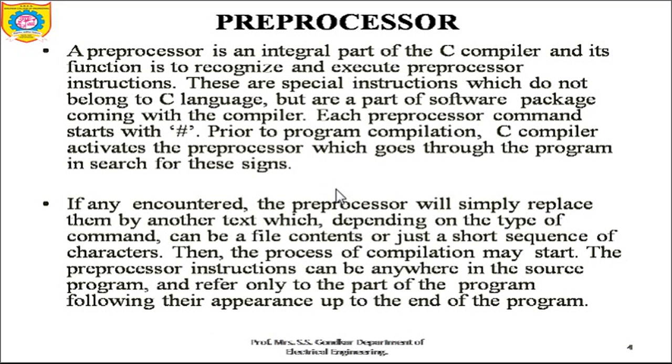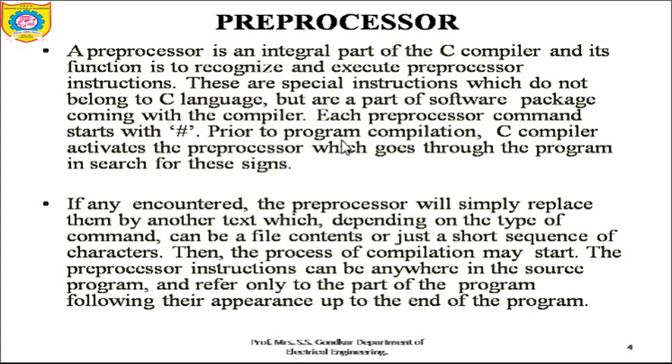while using the directive. A preprocessor is an integral part of the C compiler and its function is to recognize and execute the preprocessor instructions. These are special instructions which do not belong to the C language but are part of the software package coming with the compiler. Each preprocessor command starts with a hash.